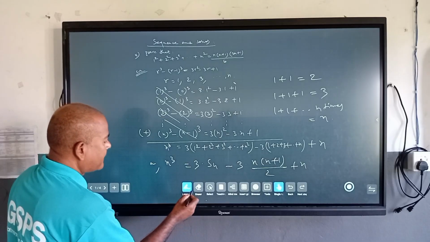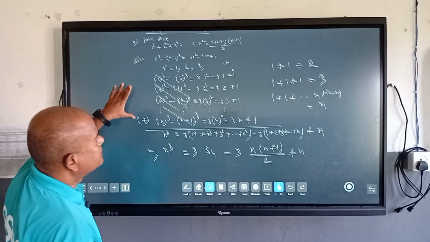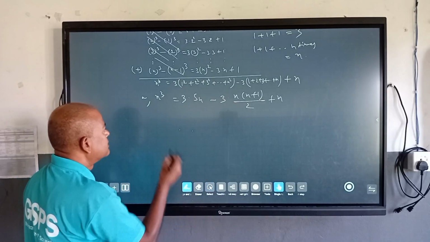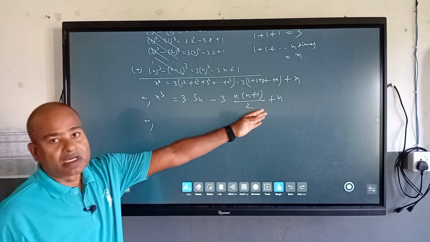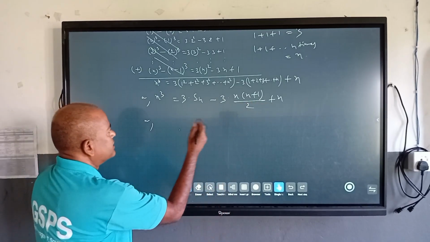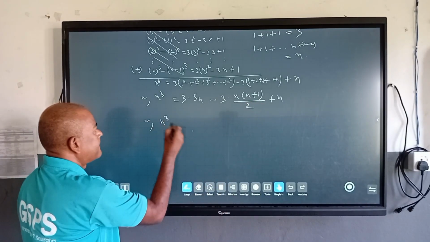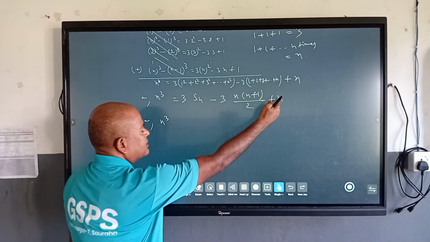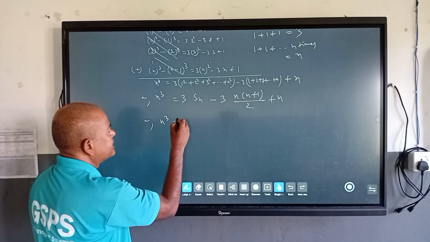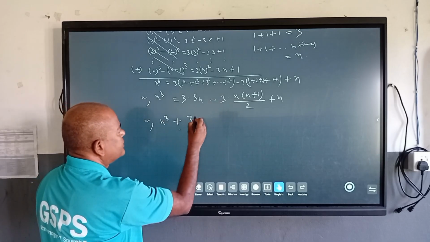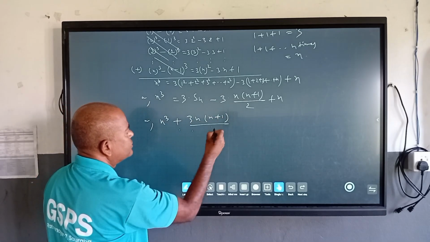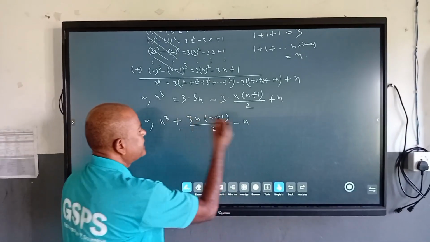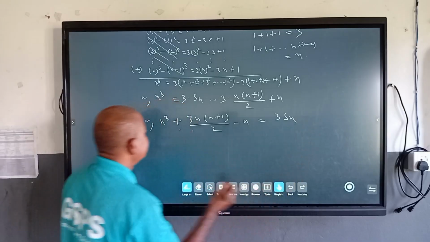Dear students, now let us take all the terms to the right hand side except Sn. If we move the second term and the third term to the left hand side, then we get n cube plus 3 times n times (n plus 1) over 2, and plus n also. If we move it to the left hand side, then we get minus n, which is equal to 3Sn.